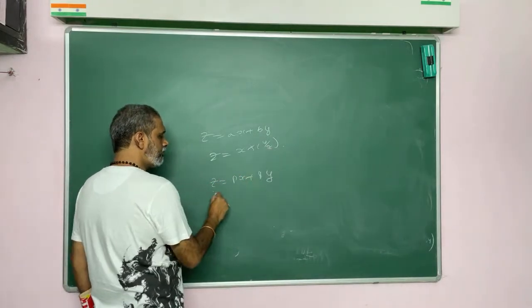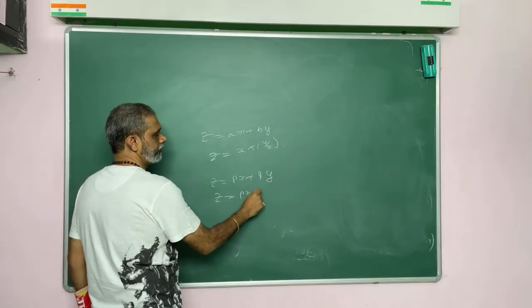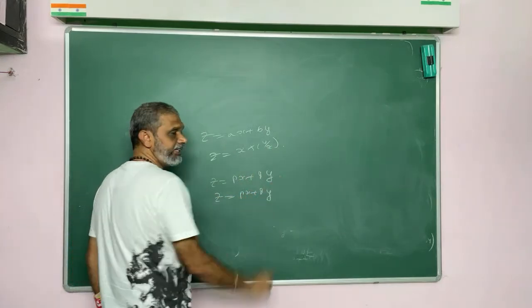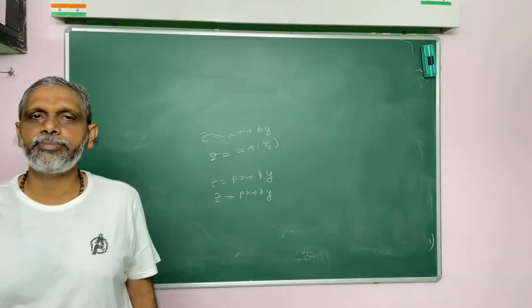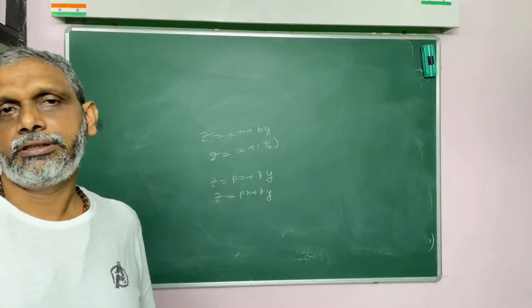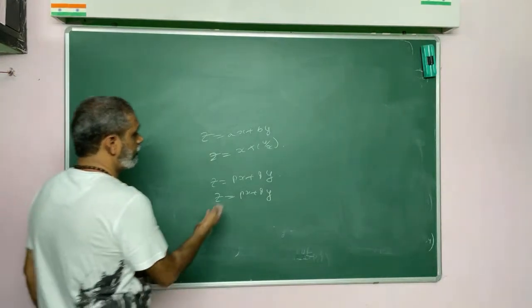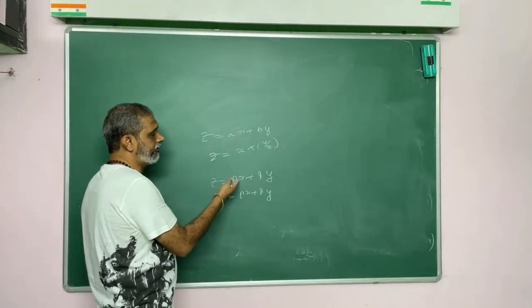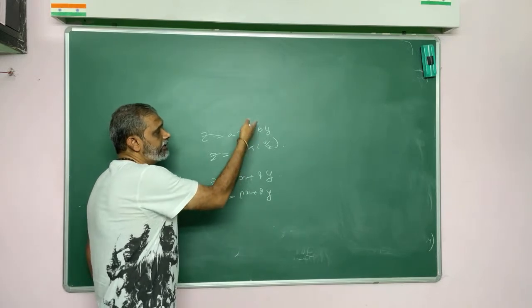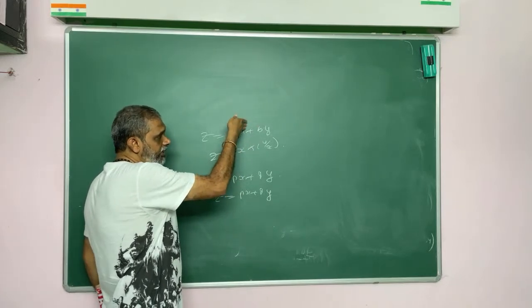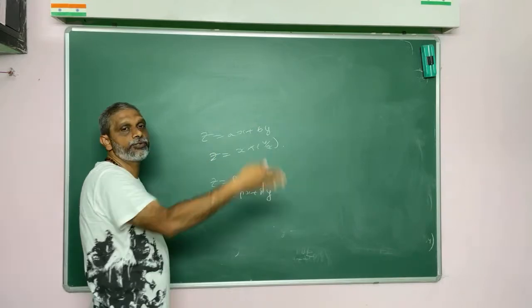If you remove this also, you will get the same thing only. Seeing the answer, I cannot decide what my question actually is. Correct? So maybe you will have two solutions. From this, maybe this is also a solution. If you say this is the solution, I may tell you this is my solution.